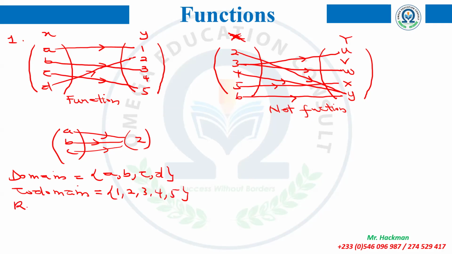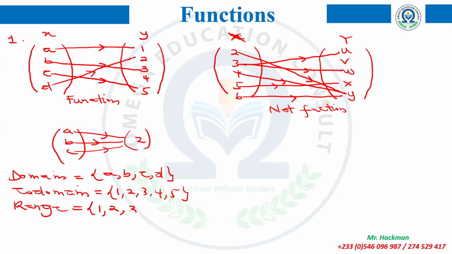However, when it comes to the range, we said the range will be the actual outcomes. And the actual outcomes will be the elements here that have lines mapping onto them, an object mapping onto them. So in terms of the range, 1 has an object mapping onto it, 2 has, 3 has.